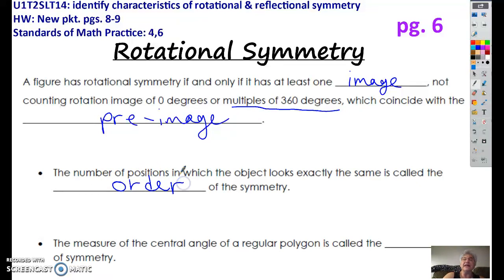And we did a little of that in our last packet. The measure of the central angle of a regular polygon is called the degree of symmetry. So that calculation we did before gave us the degree of symmetry, because that was the measure of the central angle.